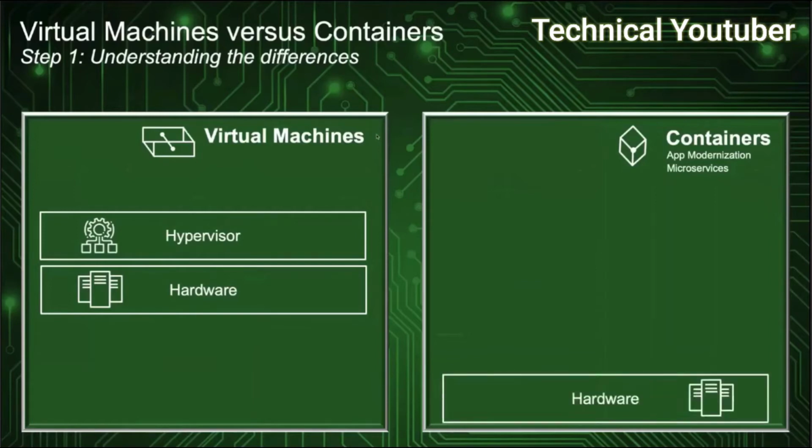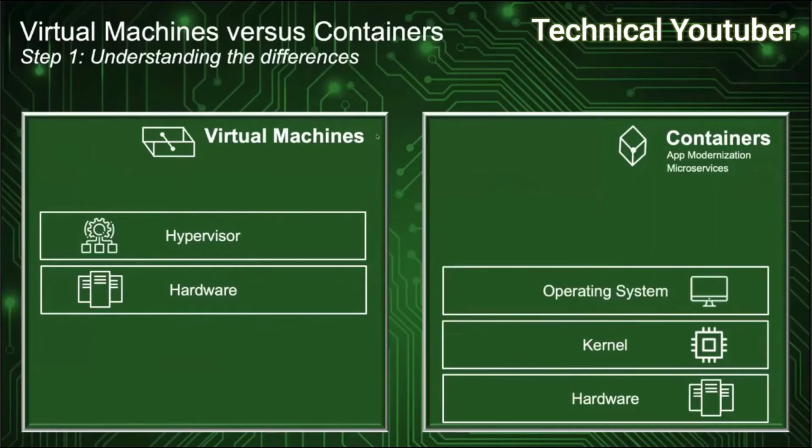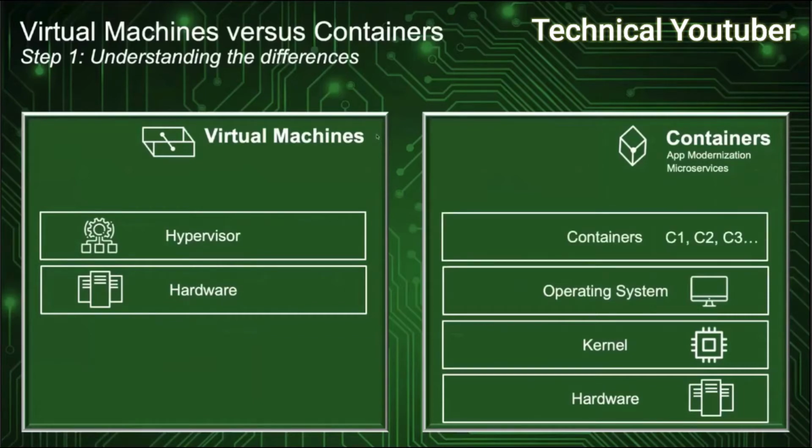With containers, we start again with the hardware down at the bottom, but we build them up a little bit differently. On top of the hardware, our kernel sits, which is what helps our software and hardware talk to each other. On top of our kernel, we have our operating system, and we call it our host OS because it's going to be what is hosting all of our containers. Then on top of the operating system, we have each container.